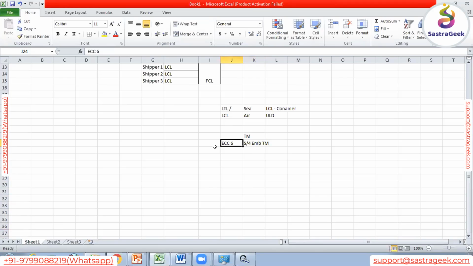In this ECC, whatever sales orders and delivery documents they had had routes, but in TM we don't. The planning doesn't happen on the routes that are specified in ECC. Planning happens on the routes that are specified in TM. So in TM we call it a transportation lane, and for optimization, TM always recognizes this transportation lane.